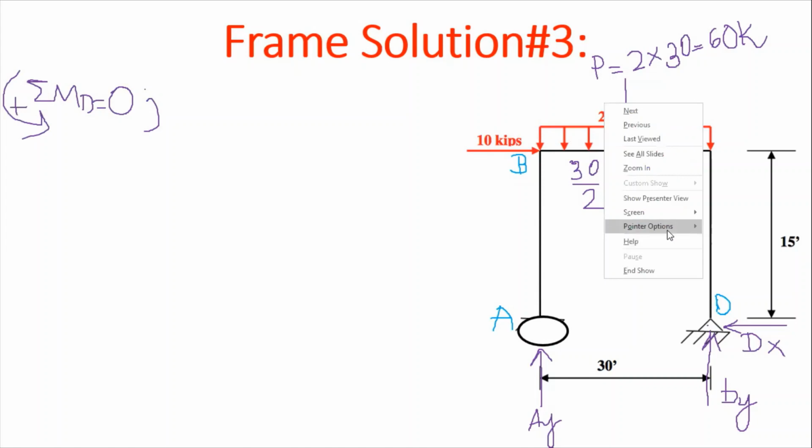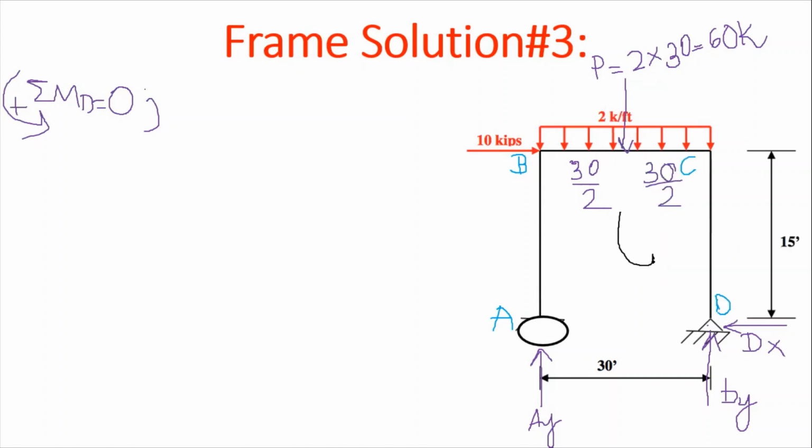Let me take another pointer color. So we will rotate towards here. It will be obviously positive 60 into its horizontal distance, which is 15 feet. So it will be multiplied with 15, and its rotation will be like this at point D.